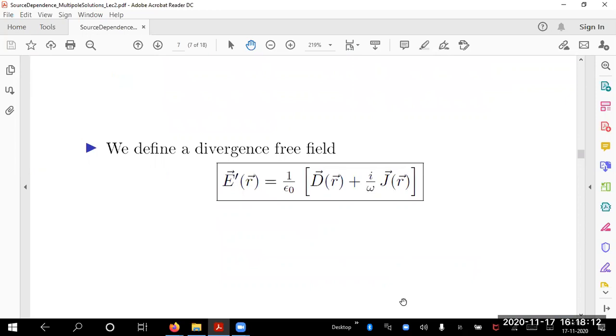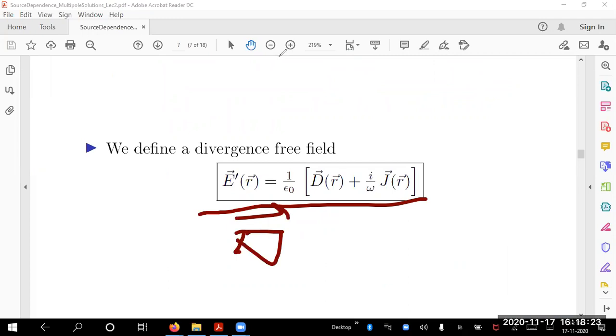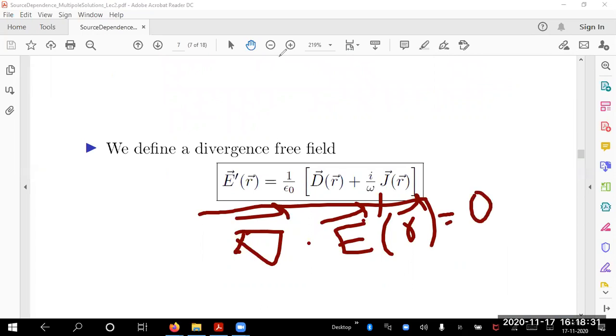What is important for me? I also told you we define something called a divergence free field. Divergence free means divergence of E prime of R is equal to 0. If you define it like this, you will get it.